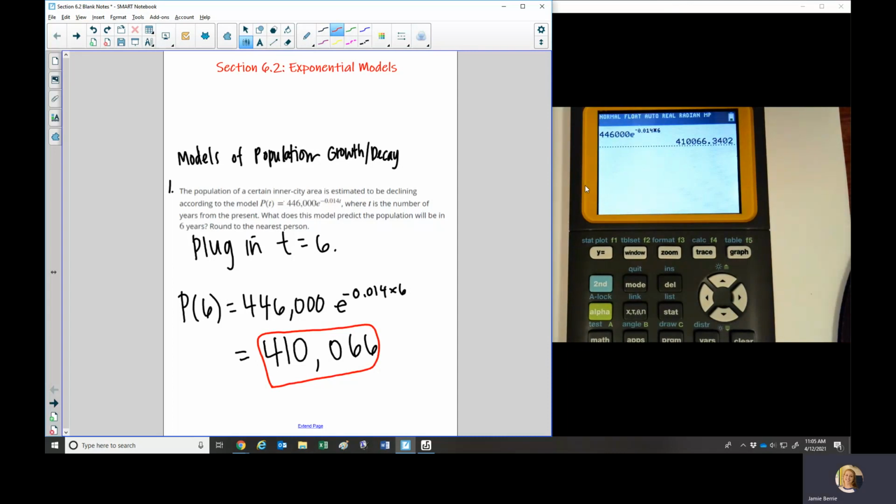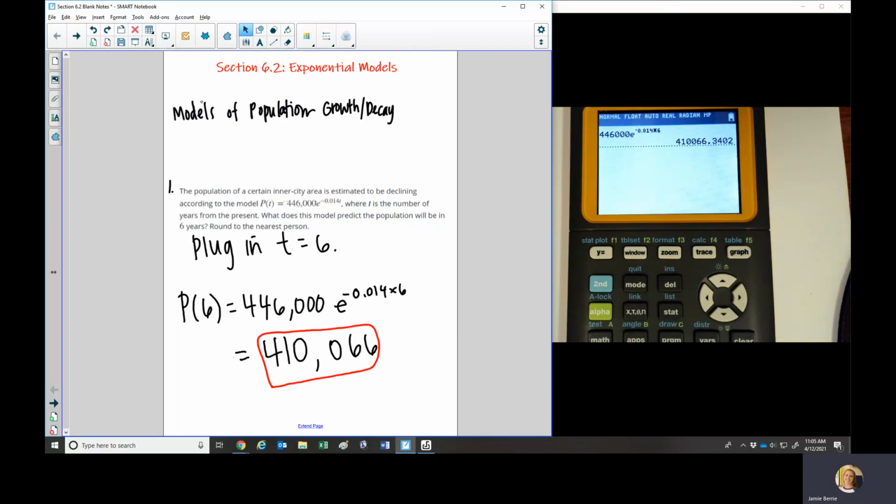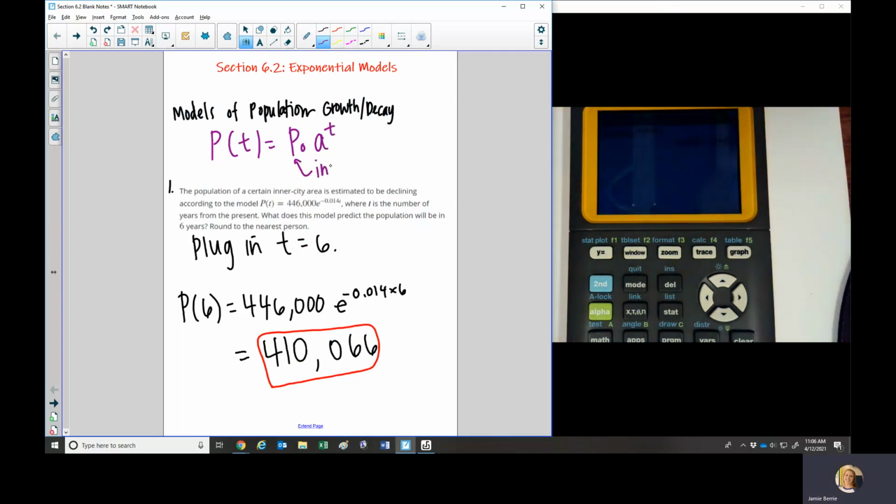Again, this is sort of like the general model for population growth and decay. It looks like this. P of T equals P sub 0 times A to the T. P sub 0 is called your initial value.